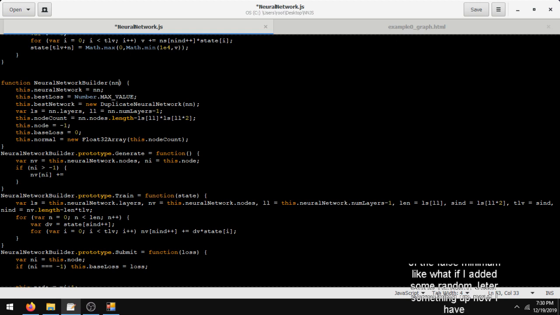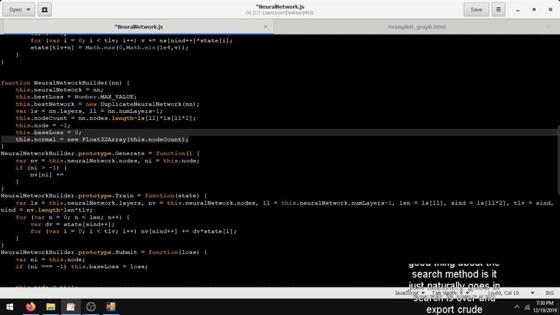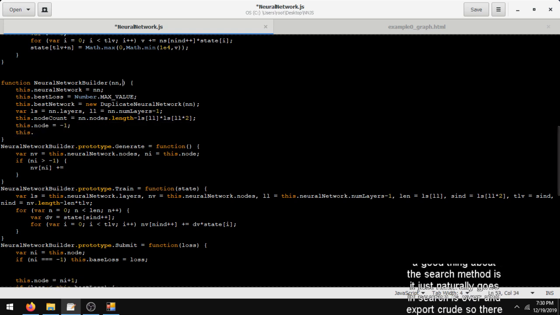Nah, that's just going to be a question of adding such a large value that gets it out. Whereas that's the good thing about the search method, it just naturally goes and searches over in the next part of the grid. So, let's go back to that.